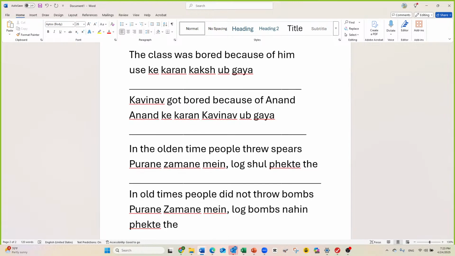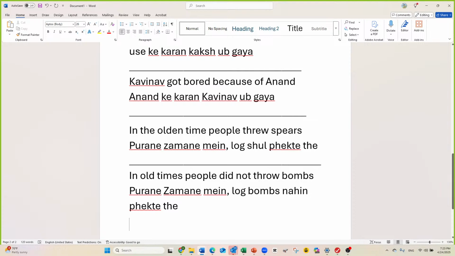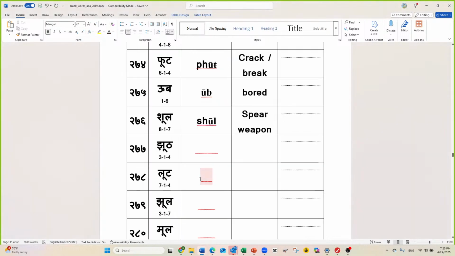Very good. So let's read it again. पुराने जमाने में लोग बॉम्ब्स नहीं फेंकते थे. Okay, let's go to the next word.